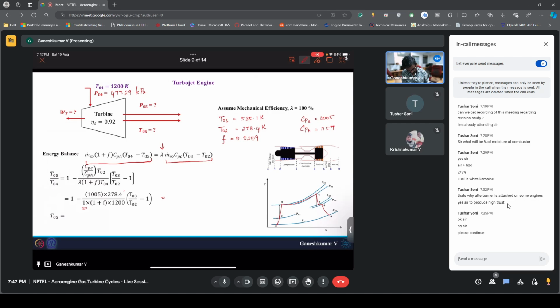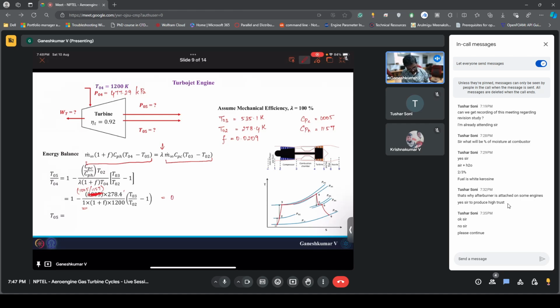So maybe I will do 1005 by 1157. So that's why I was getting some weird numbers. Anyway, into 278.4 divided by 1.0209 divided by 100, 1 minus.